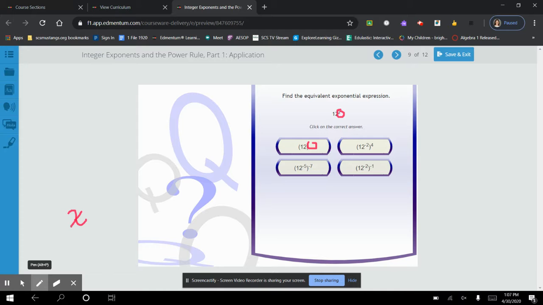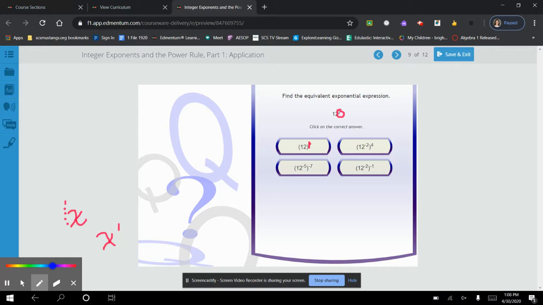If somebody asks you what number is in front of x, we talk about there being understood that there is a 1x and there is a 1 in front of that x. The same works with exponents. If they give you just an x without an exponent, it is understood that it has an exponent of 1. So looking at this one, even though they don't have anything written there, it's still considered to be 12 to the first power. So that one's not going to be our answer.